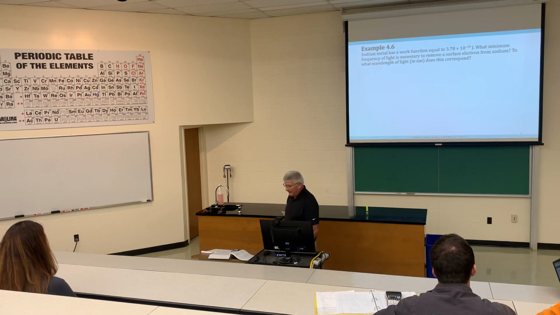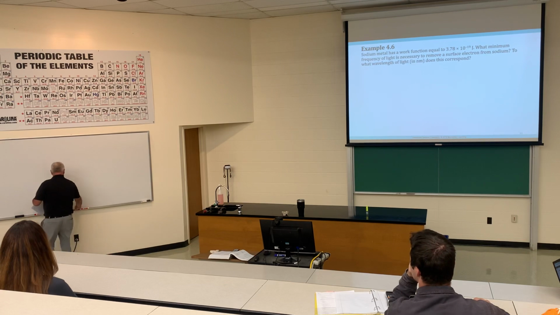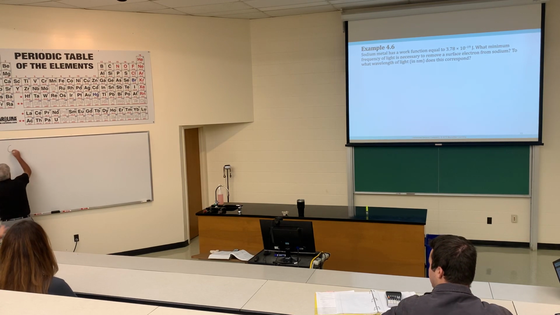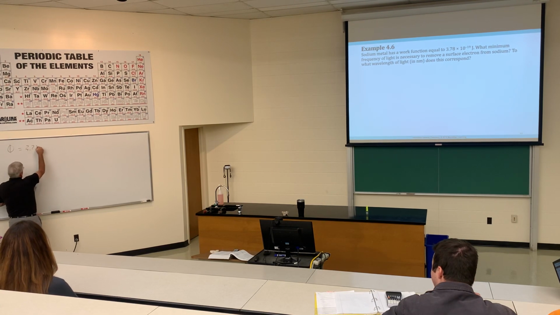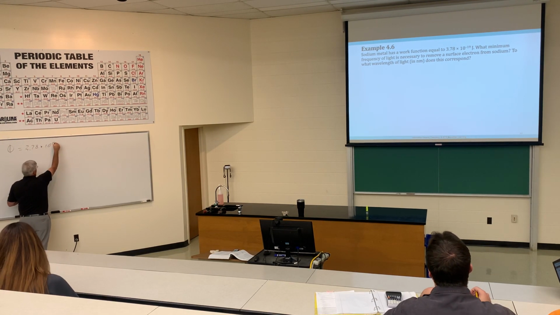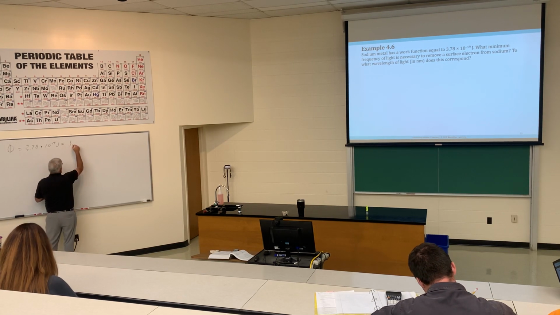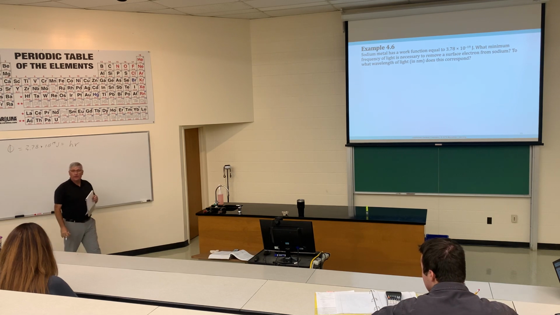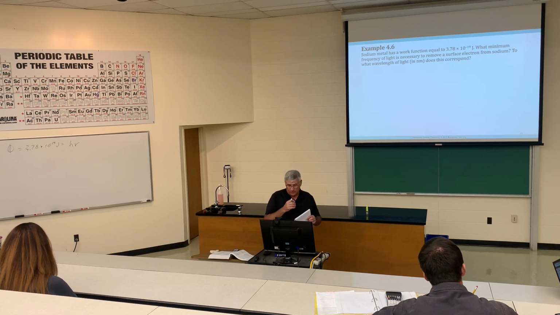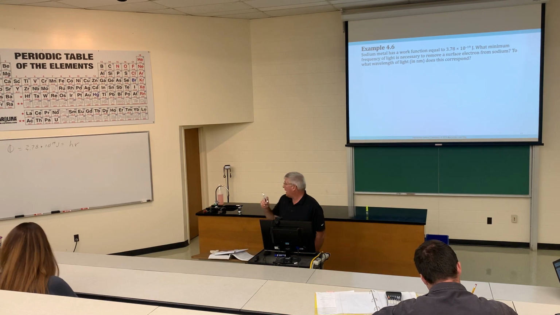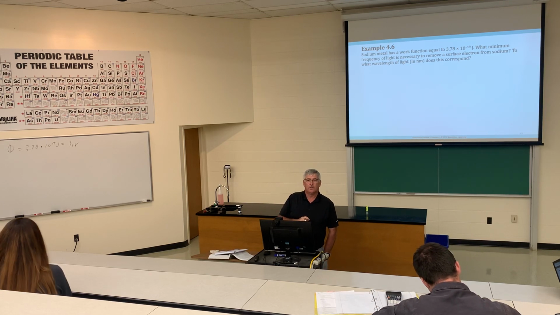So what this is defining is phi, which is equal to 3.78 times 10 to the minus 19 joules, right? Which is equal to h nu, right? So if that's the case, then how do we get to the frequency with this? What's h again?